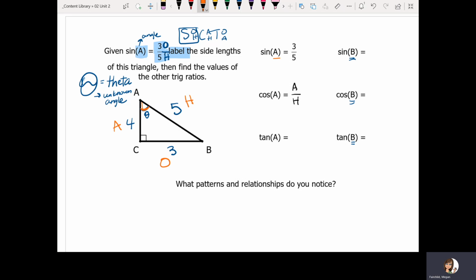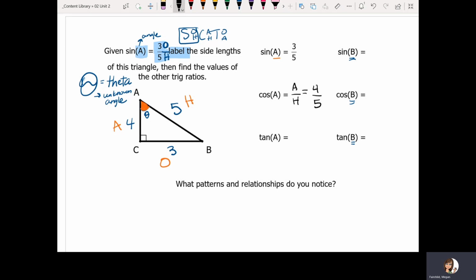Do you see why that is, Charlie? For angle A? Yeah. Okay. So instead of 3 over 5, what's it going to be? Right, 4 over 5. Good.